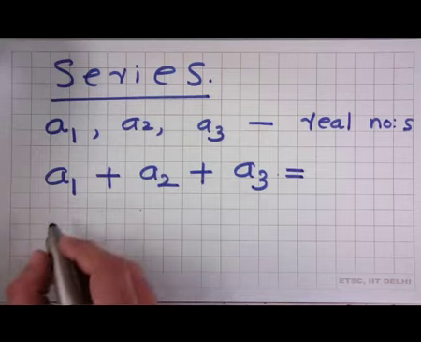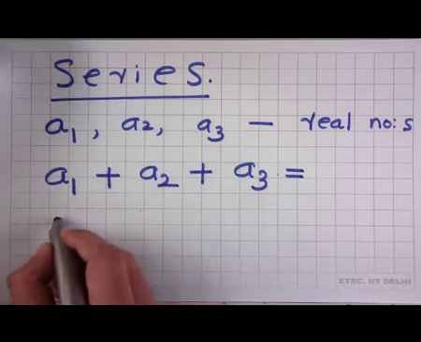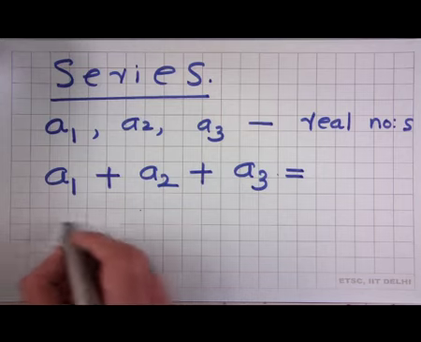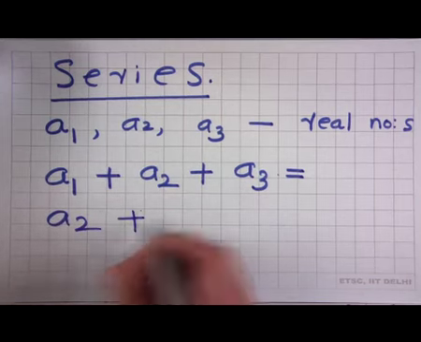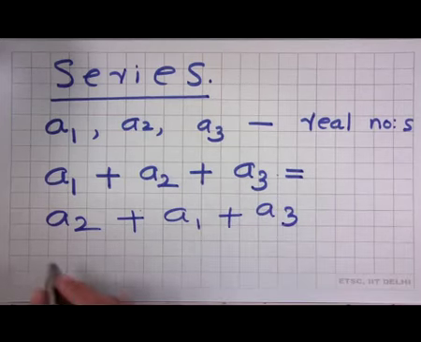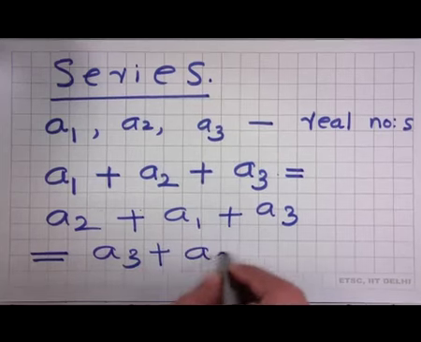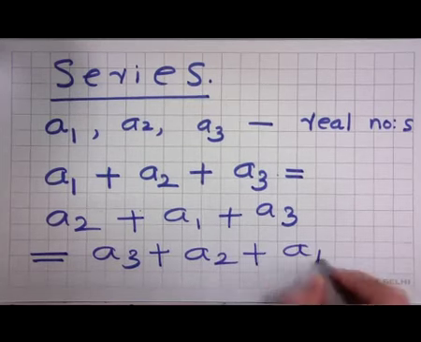That is to say, a1 plus a2 plus a3 is same as a2 plus a1 plus a3, which is same as a3 plus a2 plus a1 and so on.